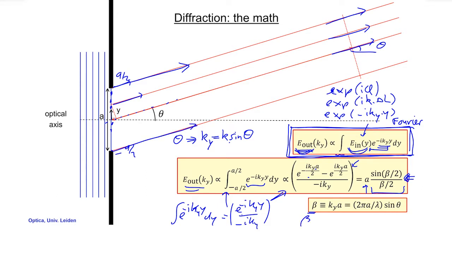So this beta is k times delta L max, which you can also rewrite as ky times a, or this expression.